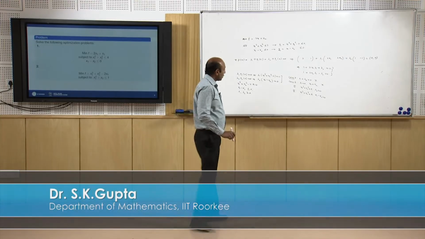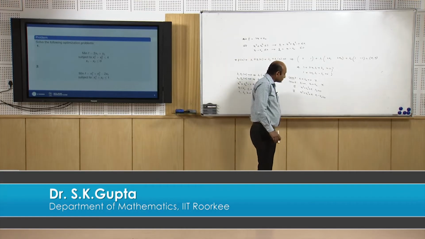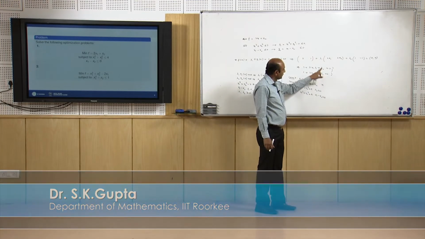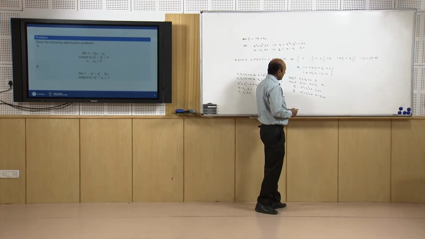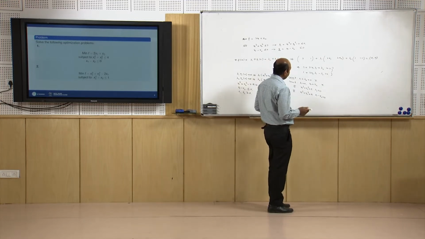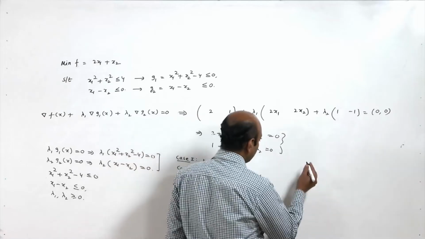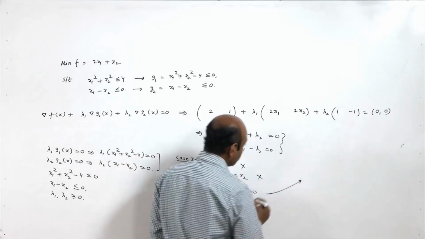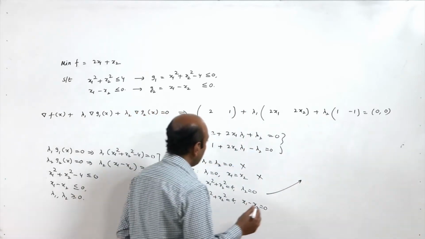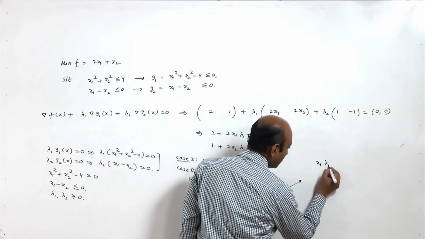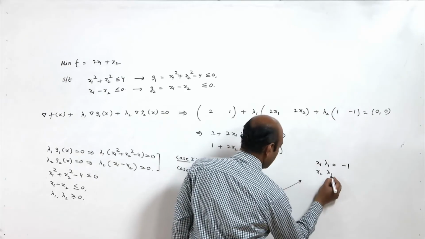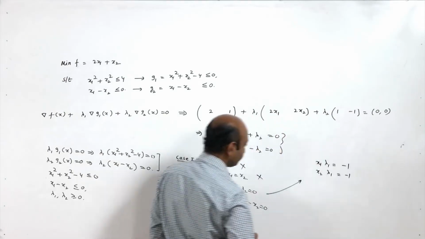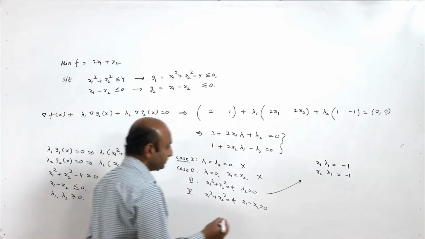Now, take the third case, when lambda 2 equal to 0 and x1 square plus x2 square equal to 4. When lambda 2 equal to 0 and this holds, from the KKT condition we obtain x1 lambda 1 equal to minus 1 and x2 lambda 1 equal to minus 1 by 2.